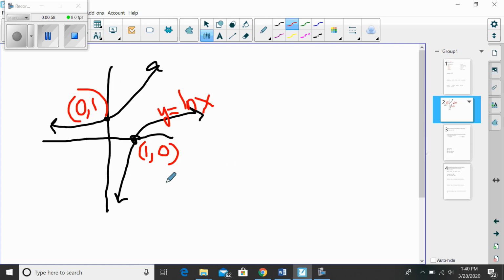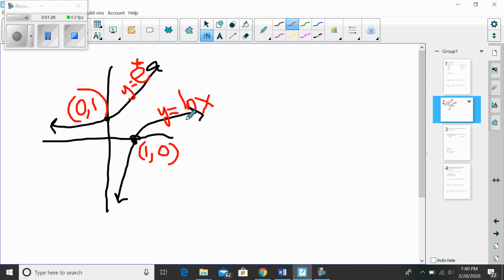So if I look over at this graph, we talked about the range and domain of exponential functions and logarithmic functions. So if this is e to the x, then the domain is all reals, right? I can input all reals, but my output is only positive, right? Because no matter what base I raise to some power, I output a positive.